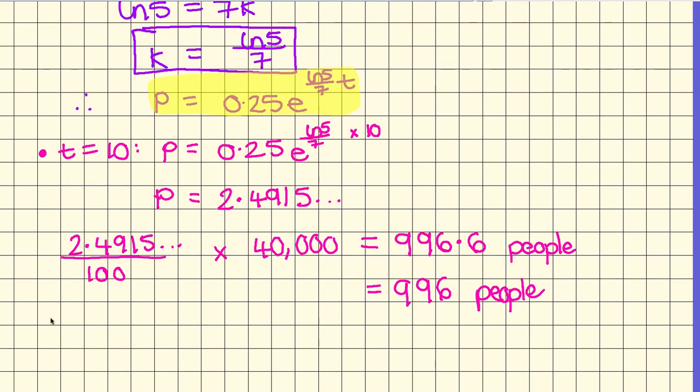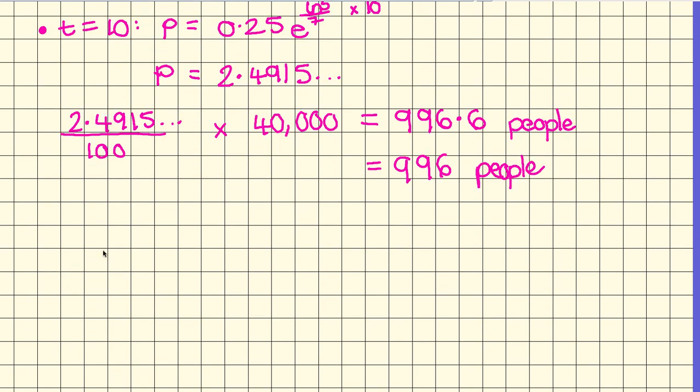That's the wee sneaky part at the very end that gets you your final mark. So 996 minus your 500 gives you 496 people. So that's how many more people will be infected between 7 and 10 days.